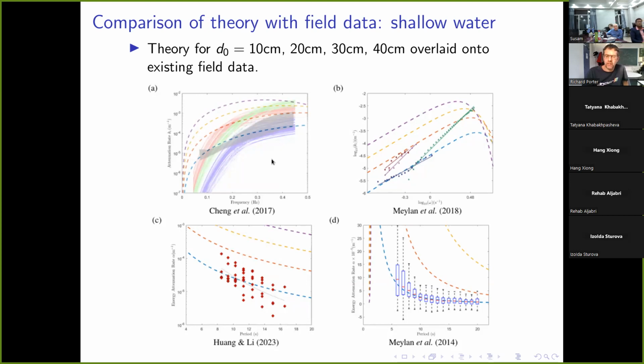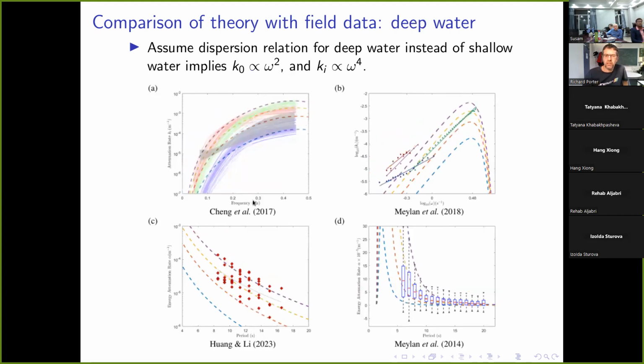Now we do something a little bit magical. We assume that if we were in deep water, the only thing that would change would be that K naught, instead of being proportional to omega, this is a horizontal length scale. So the argument is that in shallow water, the depth of the water isn't affecting things.